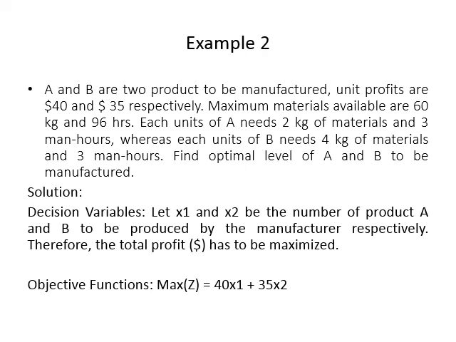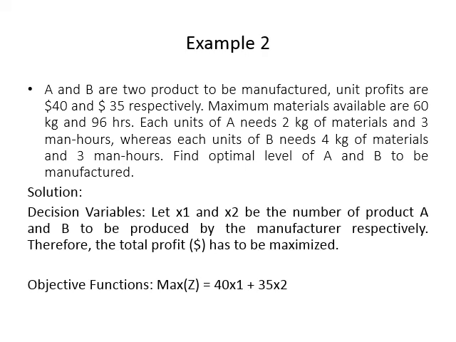Let x1 and x2 be the number of products A and B to be produced by the manufacturer respectively. Therefore, the total profit has to be maximized, and the objective function is max z equal 40x1 plus 35x2.